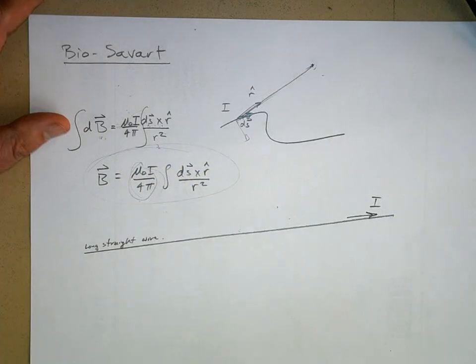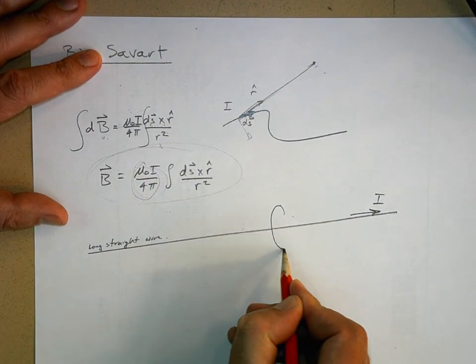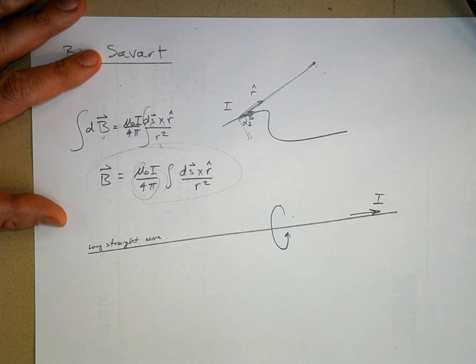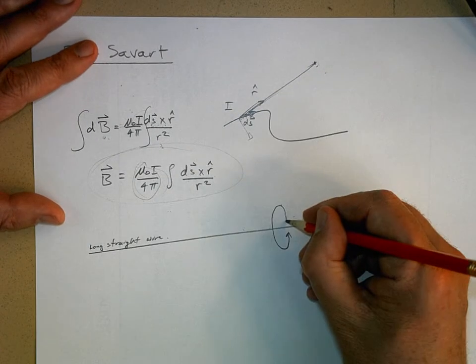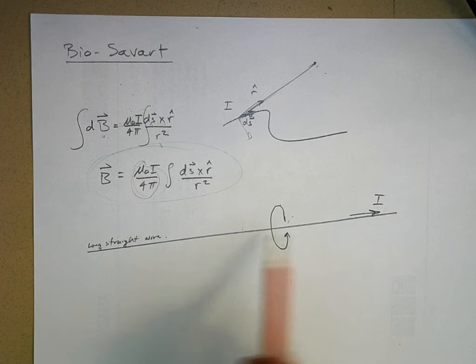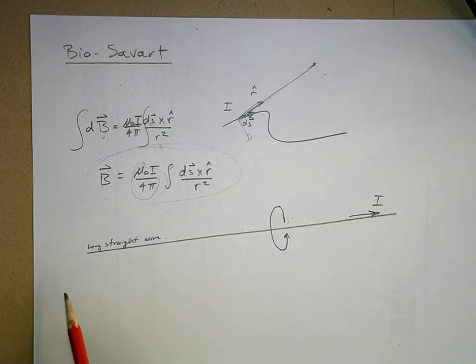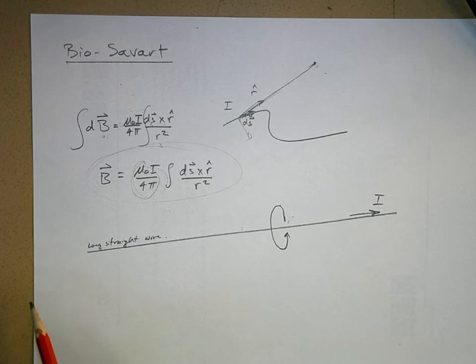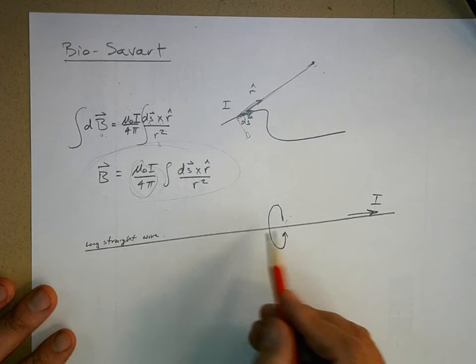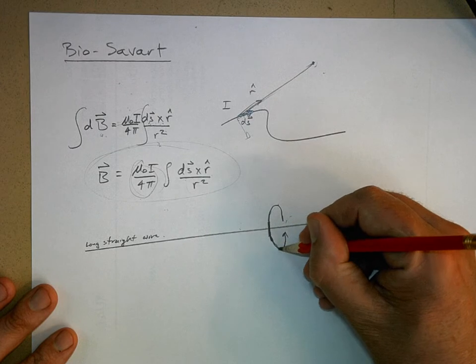It will start back here, go down in front, and up in the back. When I draw loops like this, if I leave a little gap, that implies that this is behind the wire. That's the way I draw it, and it makes it a little easier to understand. So this is in front of the wire right here. Sometimes I'll make this a little darker, and this goes behind.